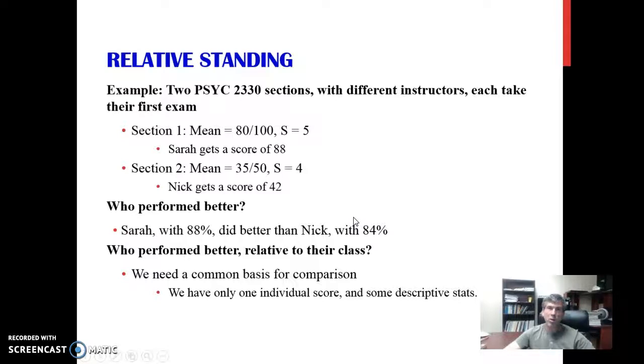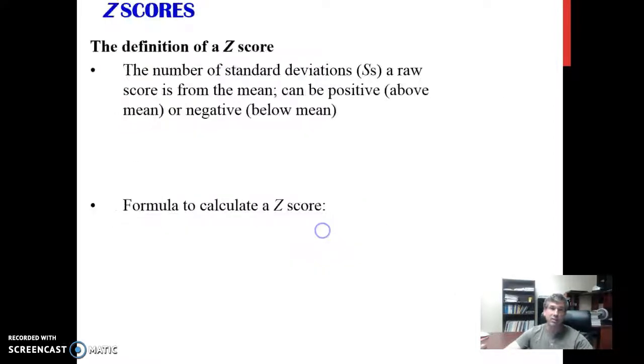The only things we know about these distributions, this set of class scores, is one individual score in each group and two descriptive statistics, the mean and the standard deviation. The power of relative standing is that that's enough information to make some pretty precise conclusions about where these students fell relative to the rest of their class. The way that we do this is by converting that information into what's called a z-score.